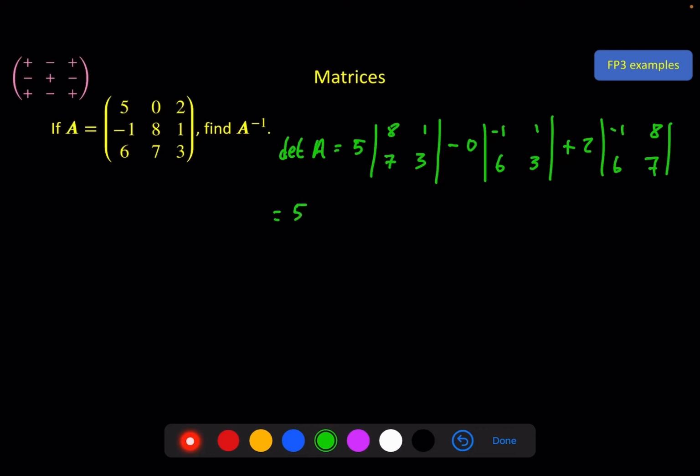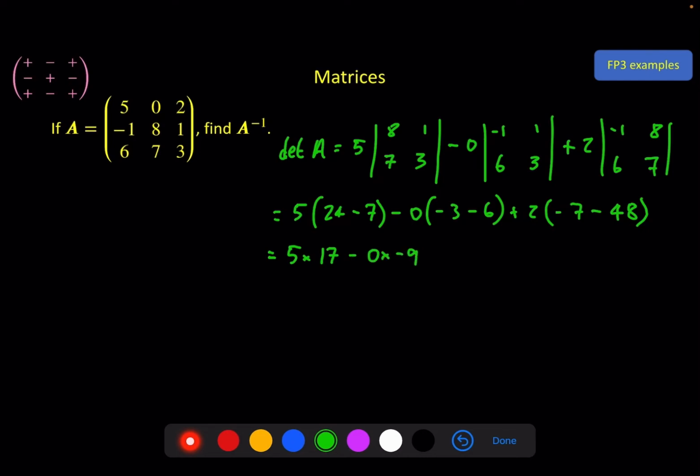So we've got 5 times 24 minus 7, minus 3 minus 6, minus 7 minus 48. So I'm going to calculate the brackets because they are the minors for each of these elements. So here we've got a 17, here we've got a -9, and here we've got -55.